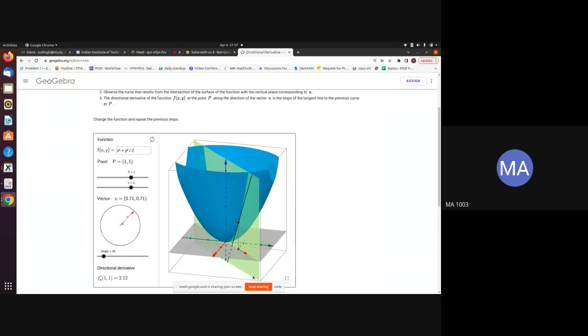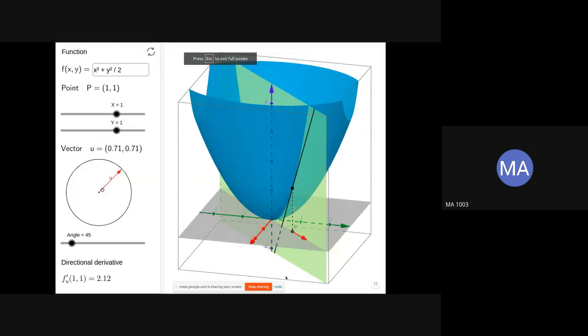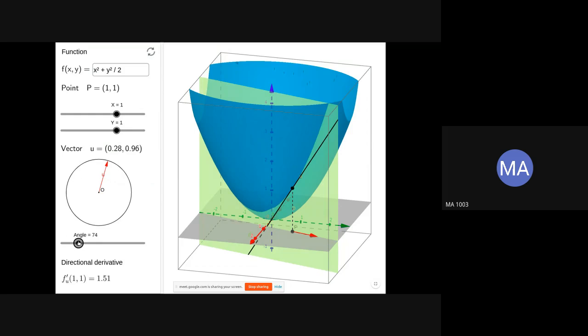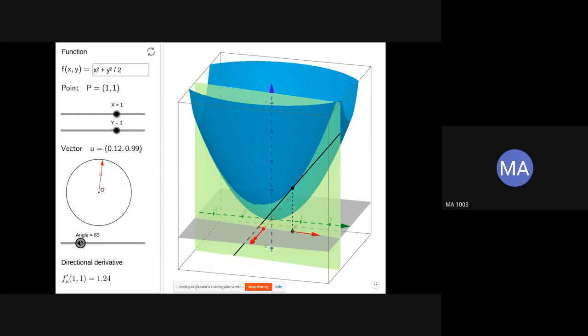Okay. So here what is happening? If I change my unit vector, you see this plane is moving, right? You can see the plane is moving, and this straight line is basically a tangent at that point. This back point, which you are seeing here, is 1, 1.